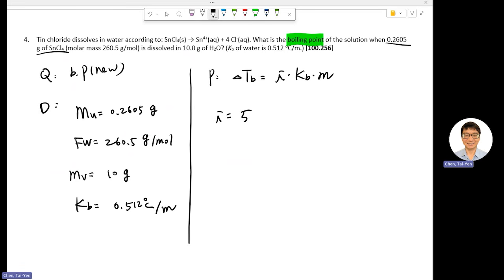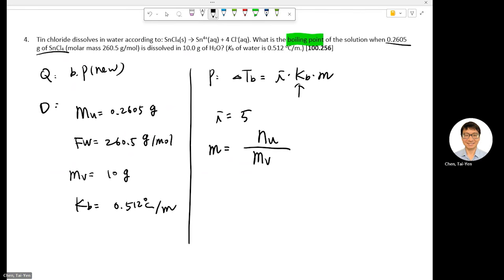Because you have the value of 5. You have your Kb already, therefore you only need to compute your molality. The definition of molality is moles of your solute over mass of your solvent in kilogram.